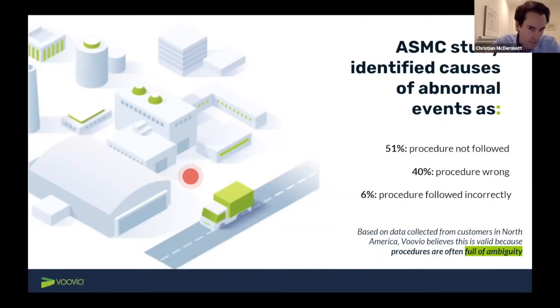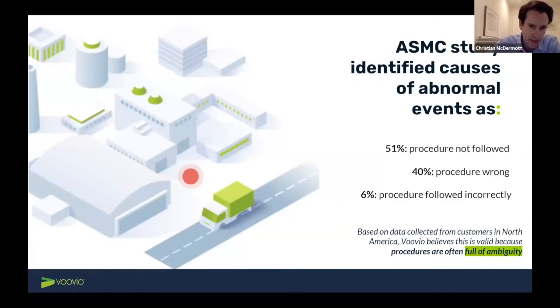You can see that procedures are either not followed, that they're wrong, or that they're not followed correctly. And we at Vuvio believe this conclusion is fairly valid because our own analysis of procedures shows that they are often full of ambiguities.